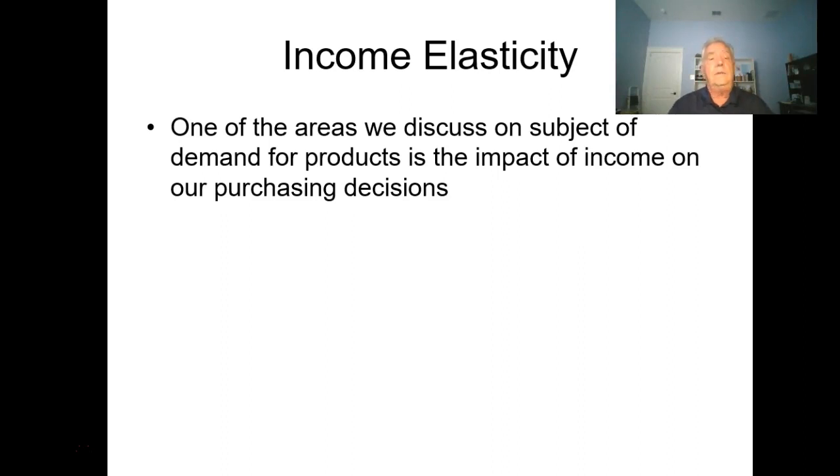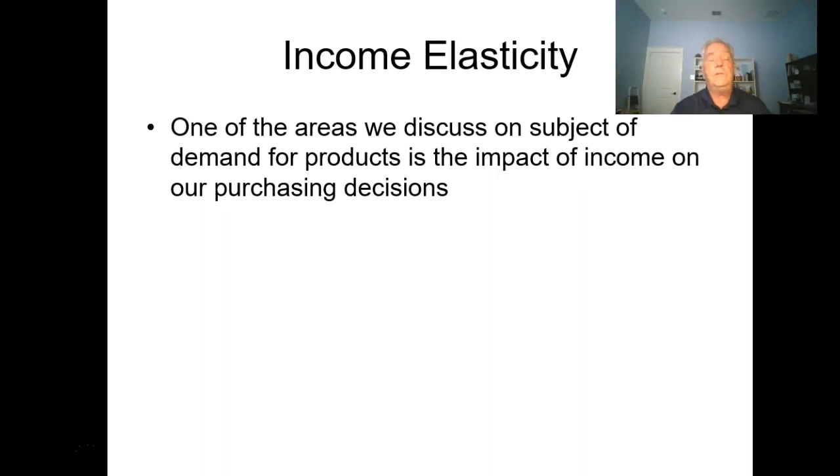Okay, demand for products is a big function of our income. We've talked about this a lot. The better we feel about our income, the more solid our income is, the more we continue to make money, and the outlook for our business or our job looks pretty satisfactory, we will take chances and make purchasing decisions based on the fact that we can recover if we've made the wrong decision.